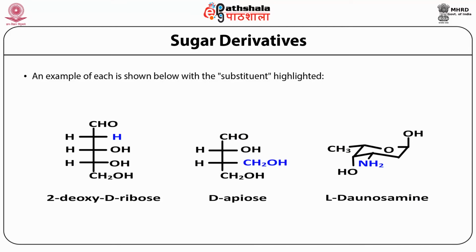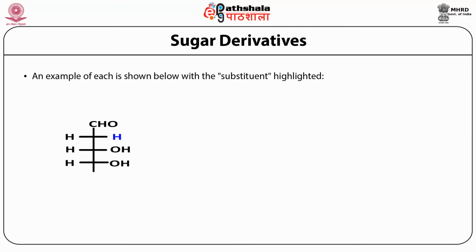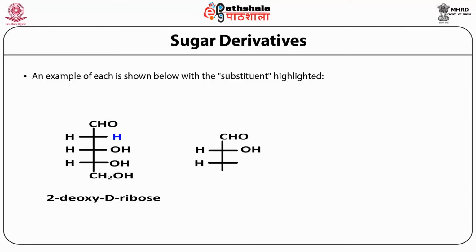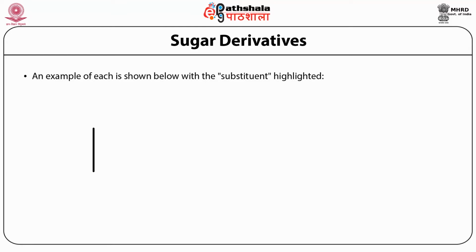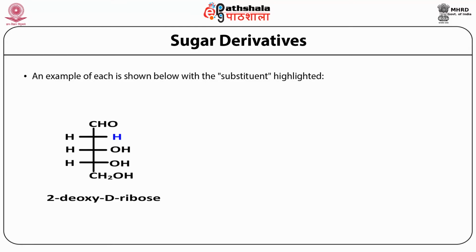And in the second example, that is D-apiose, at the C3 position, the OH group has been replaced with CH2OH. So its functionality has been totally changed due to this presence of CH2OH.